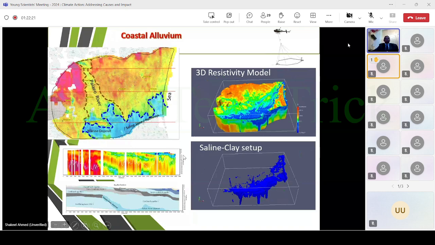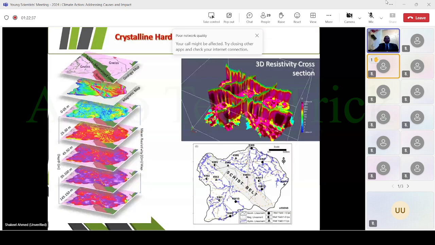Coming back to the hard rock, which I showed you in the beginning, the fractured rock and hard rock aquifers. Here we carried out this survey through the Heliborne survey and we got a very detailed 3D total picture. I will show you. If you are a hydrogeologist, you will feel like you are swimming inside the aquifer. So this is a 3D picture, and you see that in this area, the groundwater remains in the fracture system.